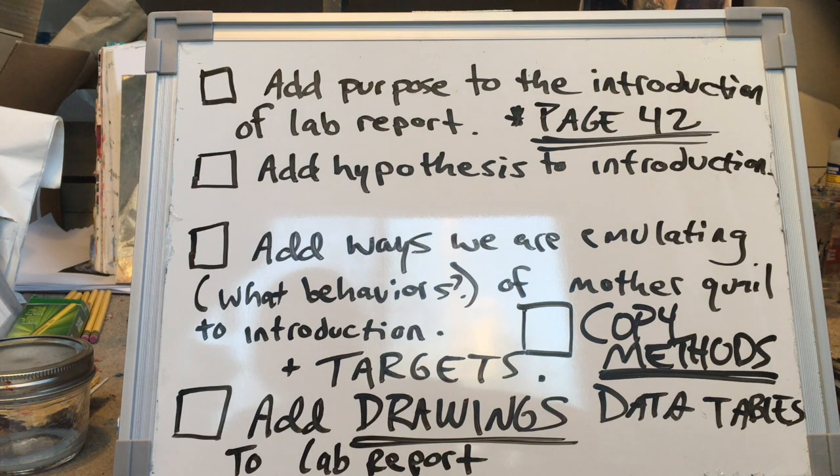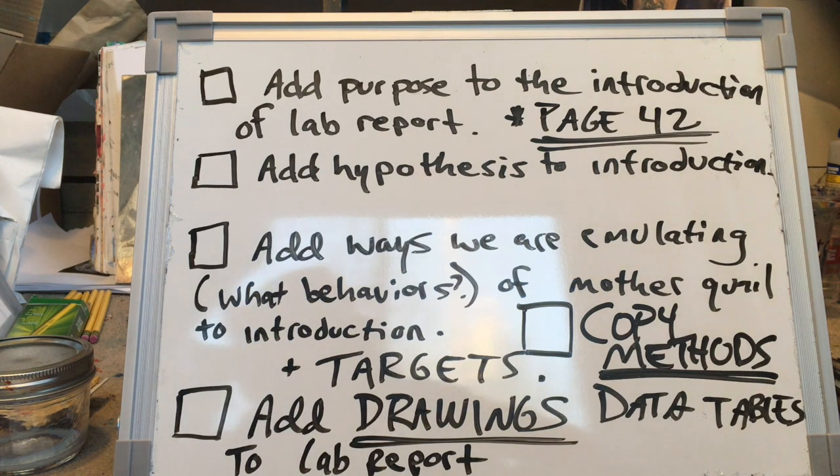Now, right before hatch, we're going to kick up the humidity because right before hatch, the mother quail all of a sudden becomes diligent in her sitting behaviors between days 21 and 24. And not only that, she doesn't mess with them very much.